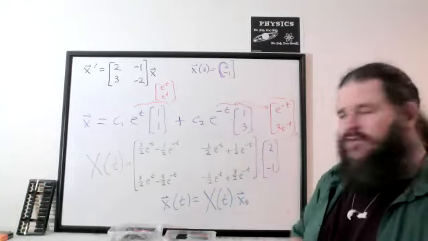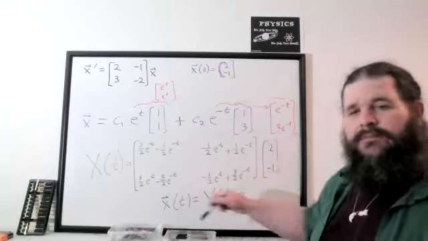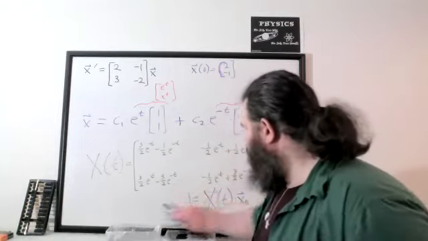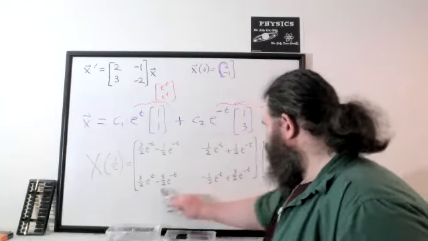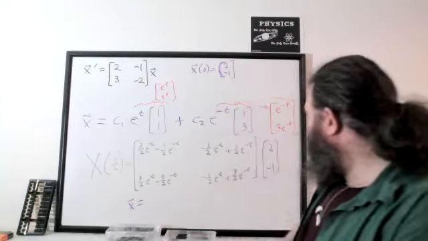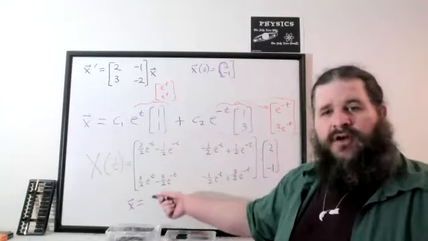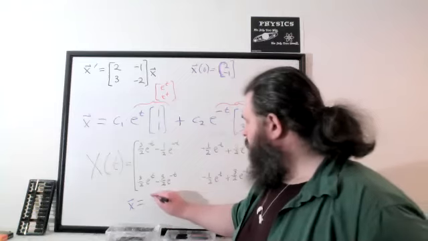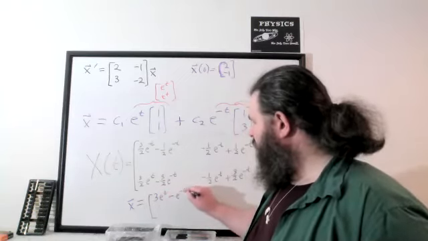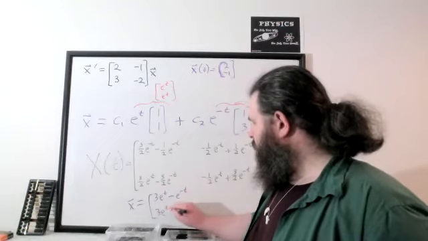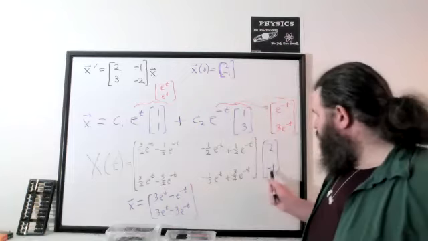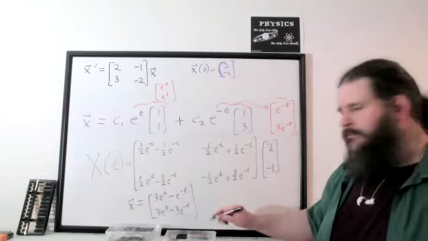And note that that just turns into 2 times the entire first column plus negative 1 times the entire second column. So multiply that out, and we get 2 times the entire first column, which becomes 3e to the t minus e to the negative t, 3e to the t minus 3e to the negative t, plus negative 1 times the entire second column.